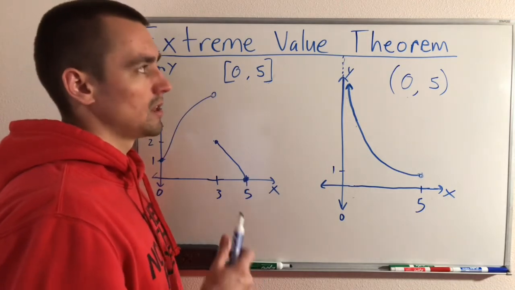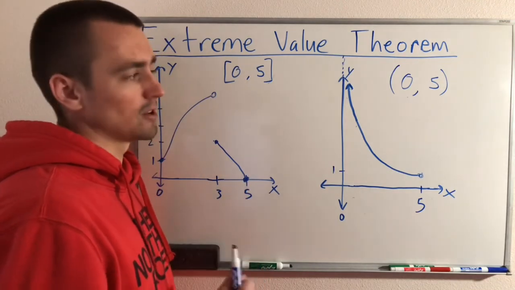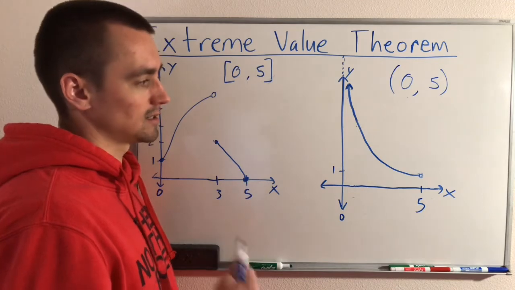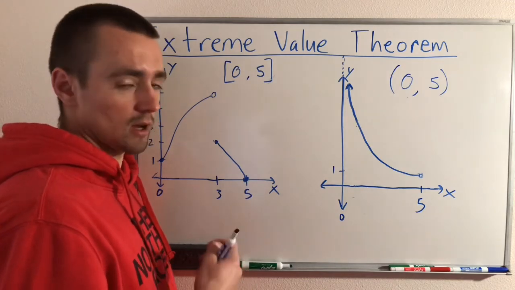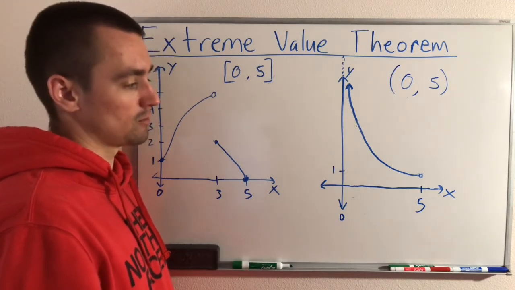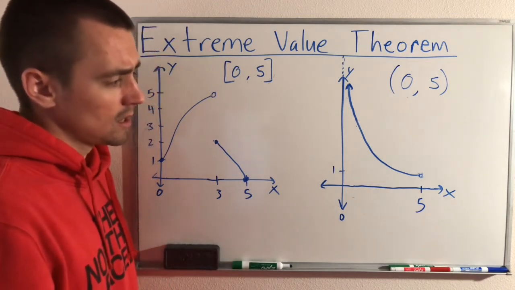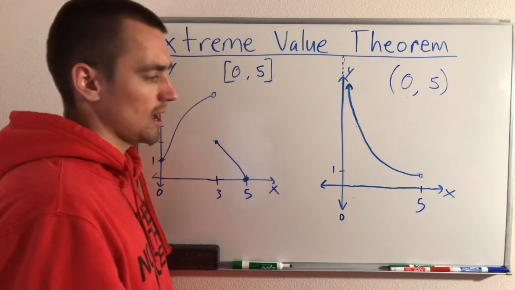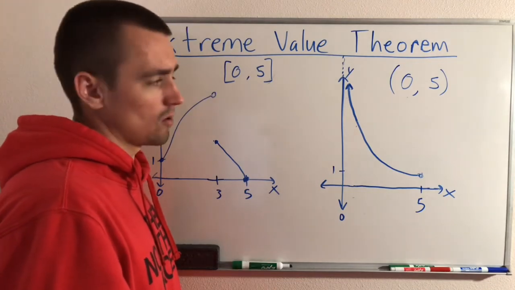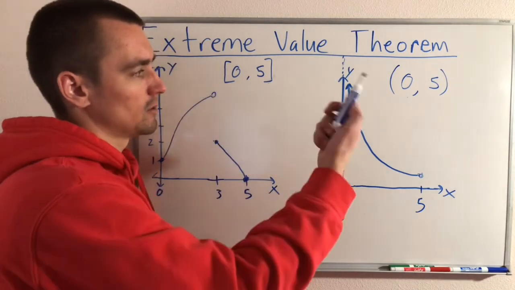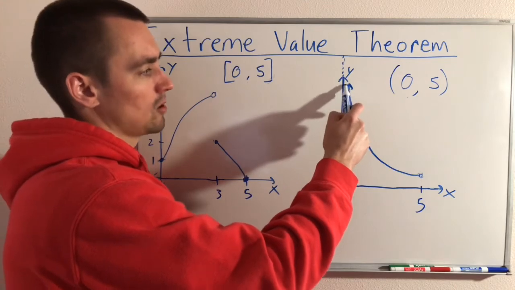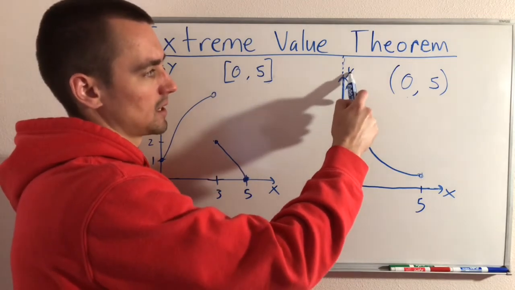So as a result, the extreme value theorem is not going to apply here, and it doesn't mean that we're going to have an absolute maximum and minimum within that domain. And in fact, we can see that if we're trying to find an absolute minimum value or an absolute maximum value, we're not going to be able to get one because no matter how close to zero we get, this function is going to go up to infinity.